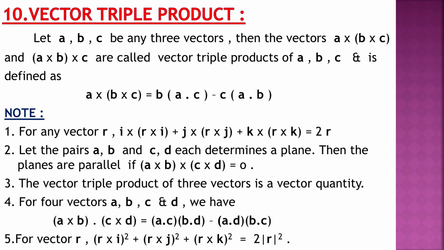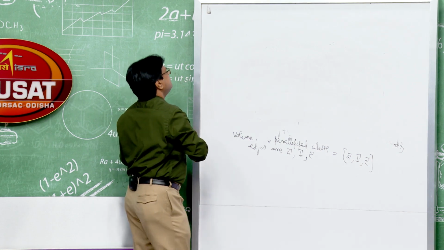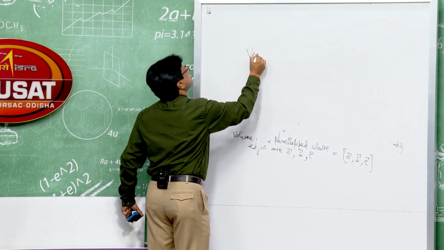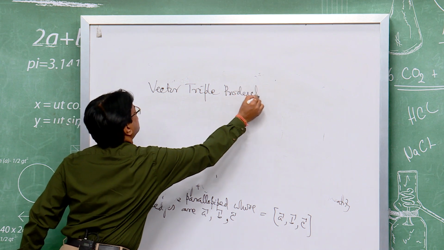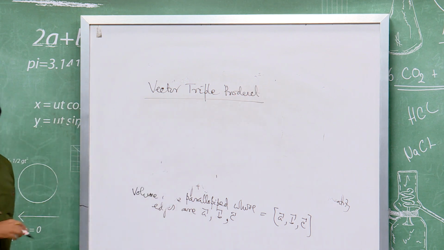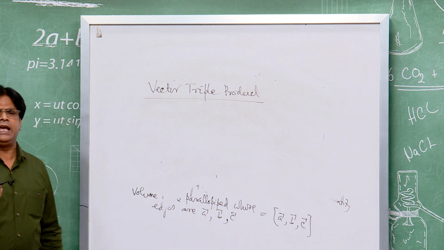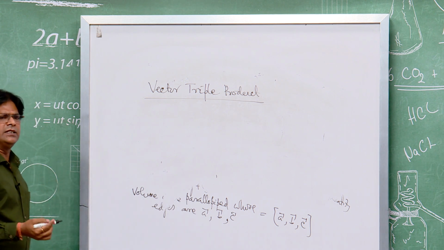Then come to vector triple product. In the vector triple product, we have A cross B cross C. This chapter may be exempted by the CHSE this year.